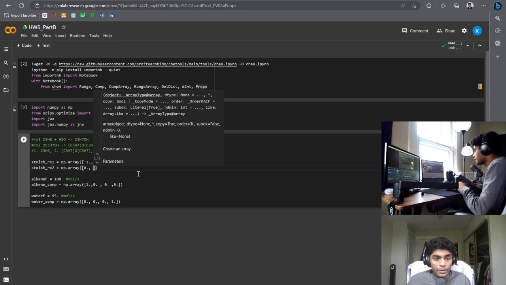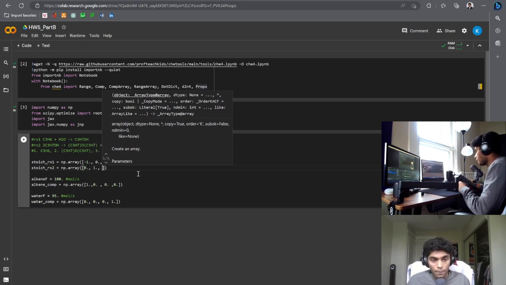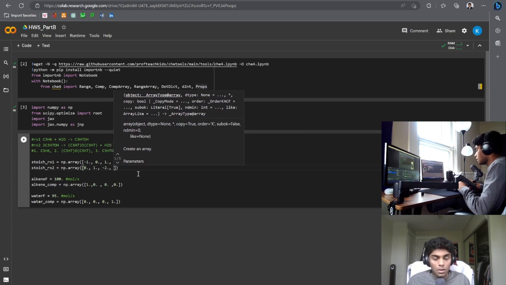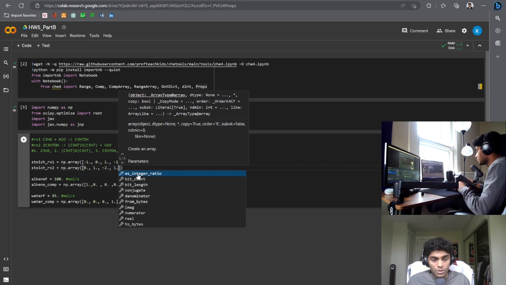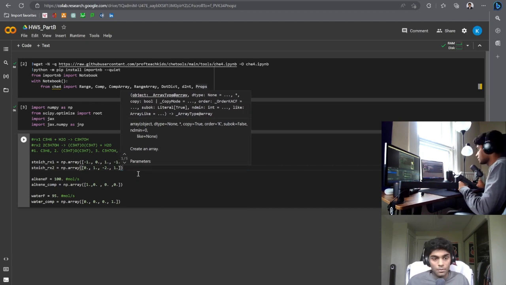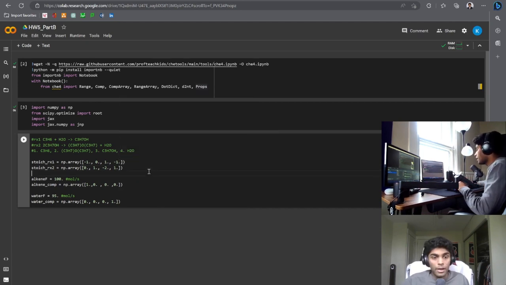We will be producing 1 mole of diisopropyl ether. We will be consuming 2 moles of our isopropanol, and we will be producing 1 mole of water. So now we have our reaction in terms of the stoichiometric coefficients.